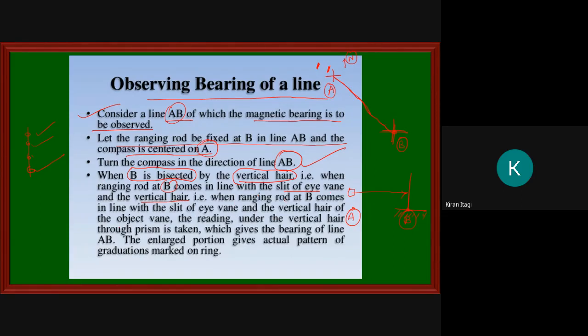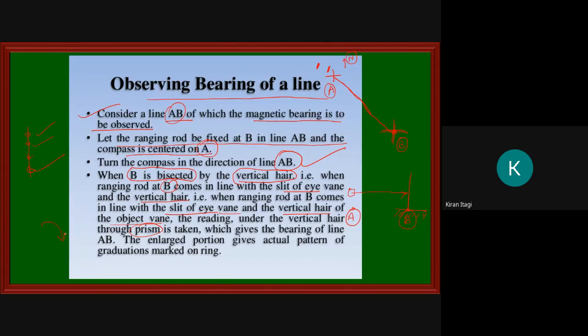That is when ranging rod B comes in line with the slit of the eye vane and the vertical hair of the object vane. Then we take the reading under the vertical hair through the prism. How will we read it with the help of the prism?